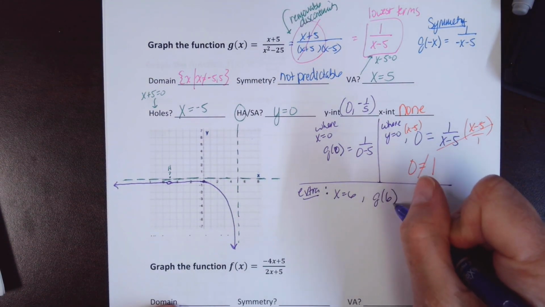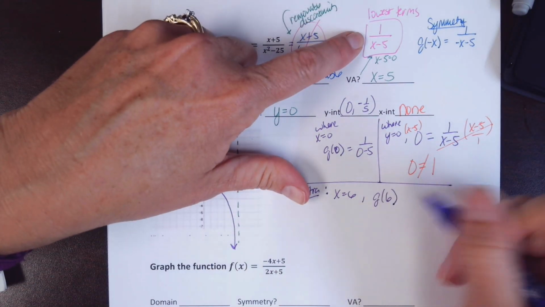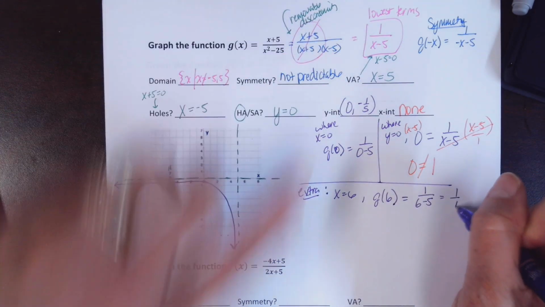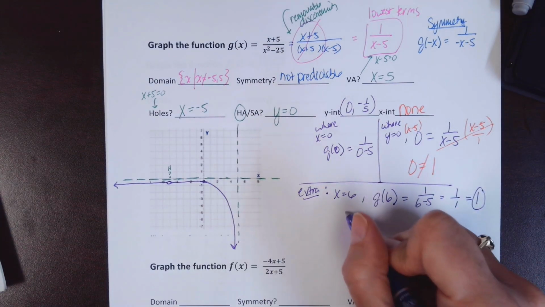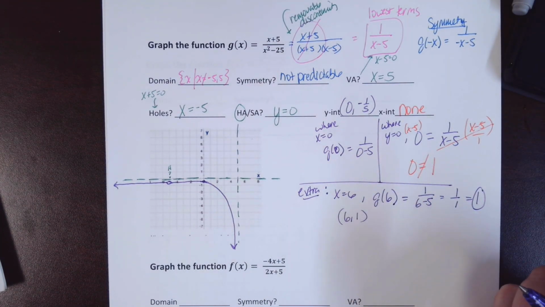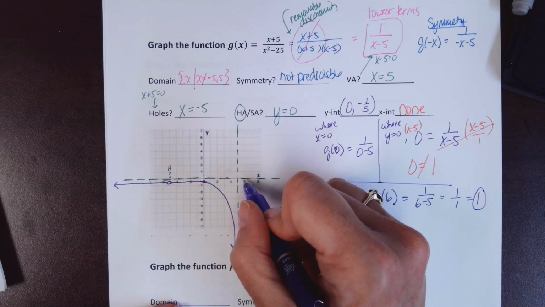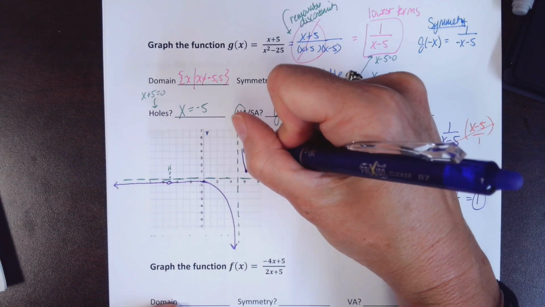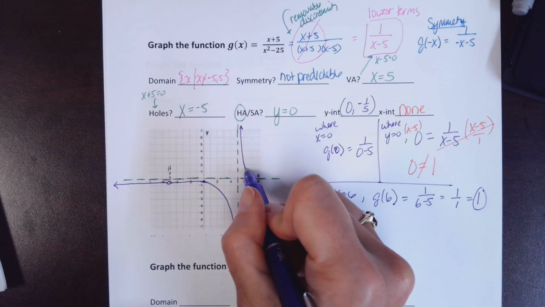So I find g of 6, g of x, right there, lowest terms, 1 over 6 minus 5. 1 over 1 is just 1. So where x is 6, y is 1. That's an additional point on my graph. (6, 1), that's a positive value up here. So as my graph approaches those asymptotes, it's going to get curved.